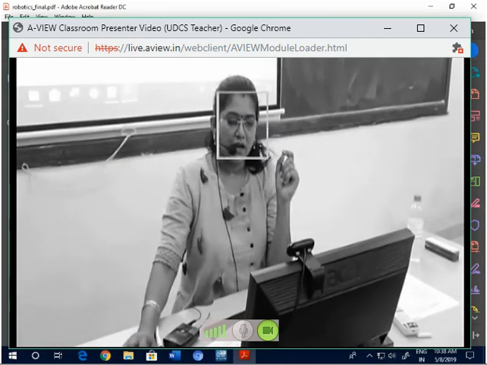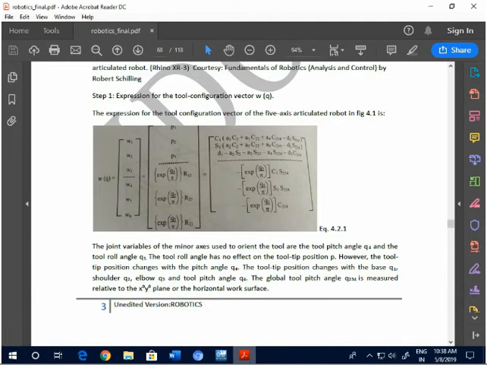And the joint distance is given by D1, D2, D3, D4, D5 respectively. The angles are given by theta 1, theta 2, theta 3, theta 4 respectively. Now Q will be equal to all the thetas, theta 1, theta 2, theta 3, theta 4.